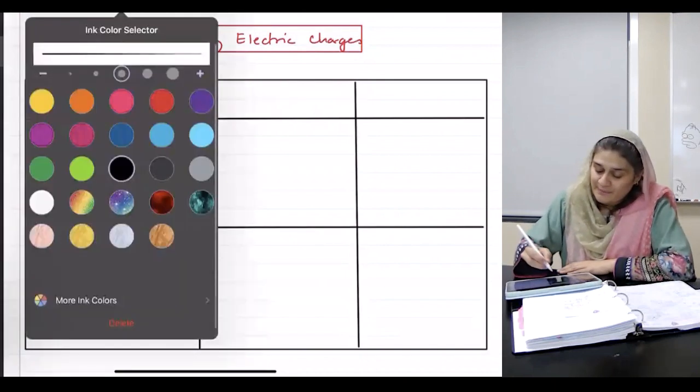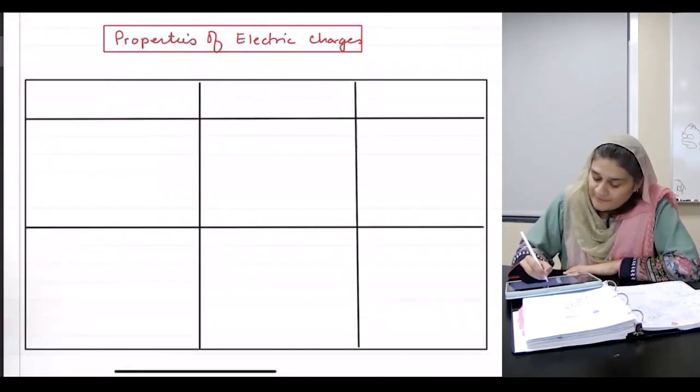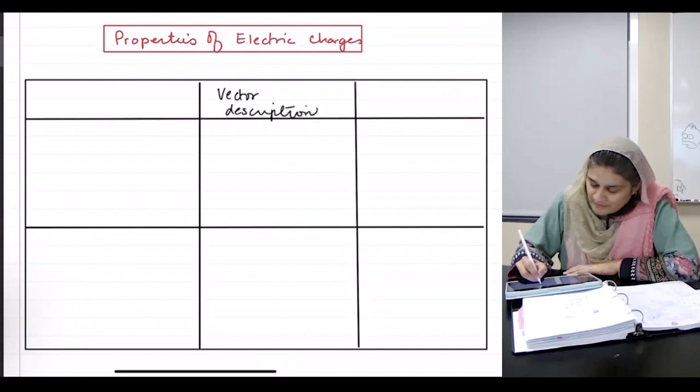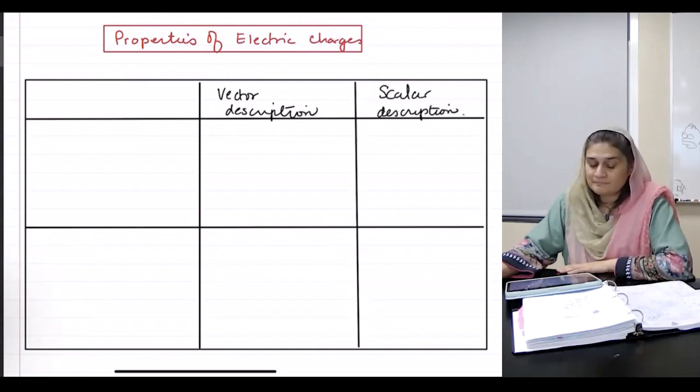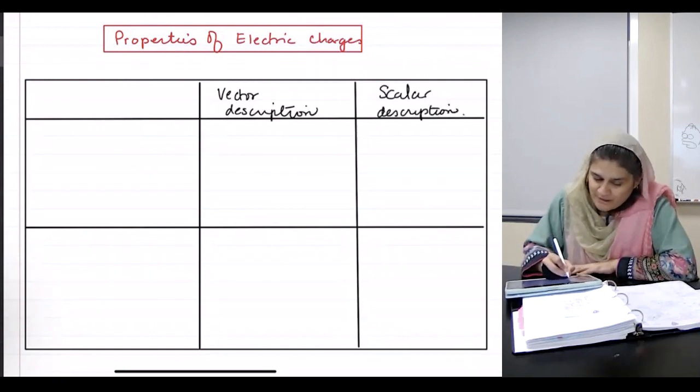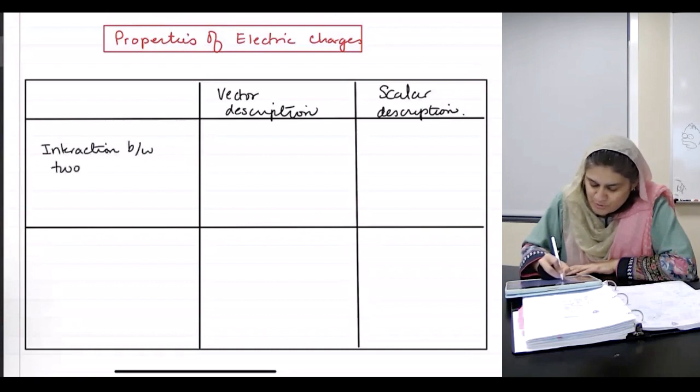In the middle, I want you to write, and I want you to write scalar description. Here, I want you to write interaction between 2 charges.